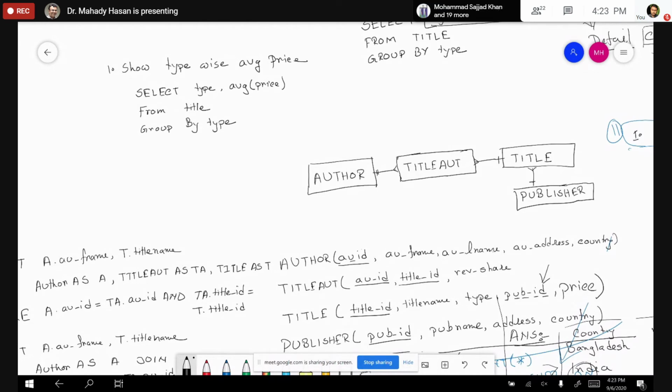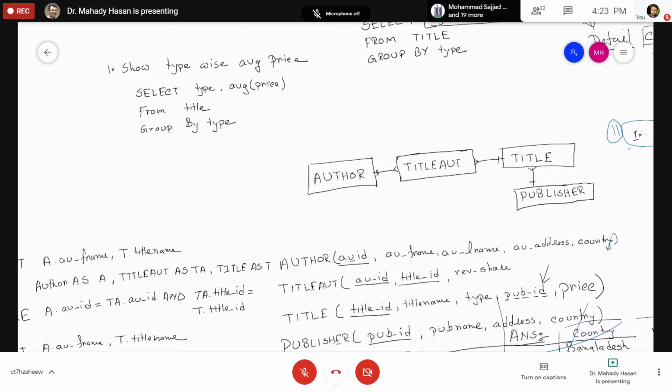Simple, right? You are doing aggregation with respect to type and you will be getting the aggregate value.